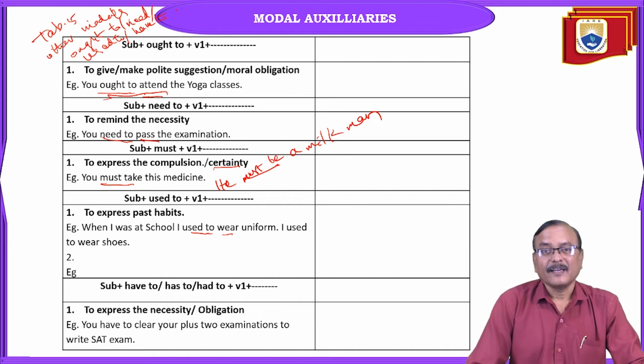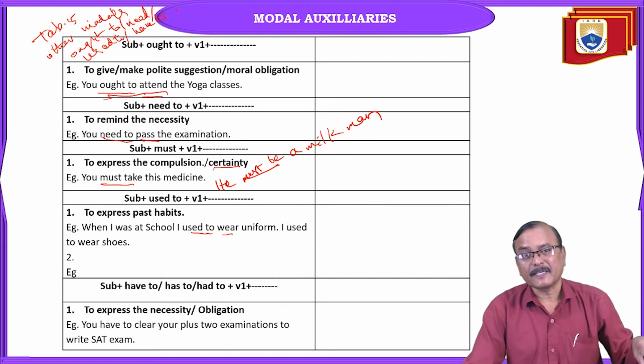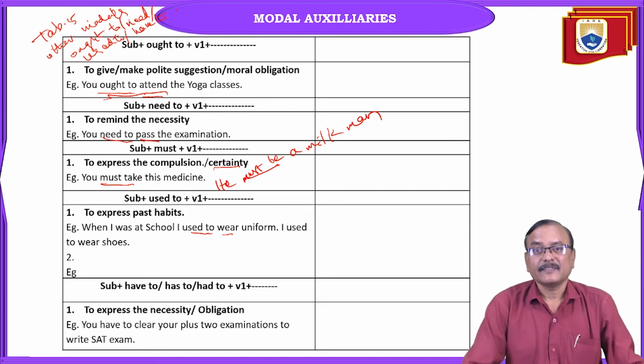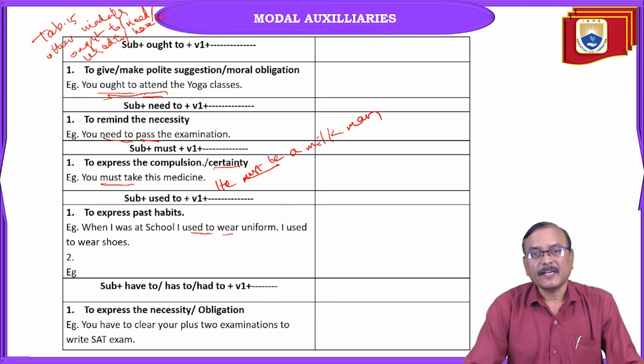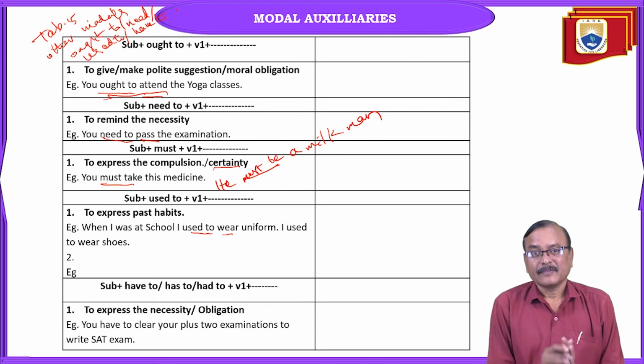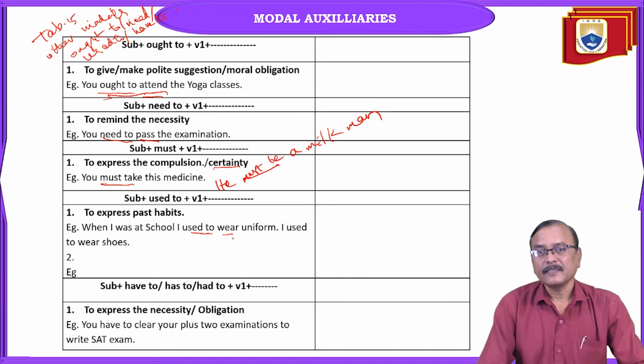I used to take exercise regularly. In the past, not present. Last year, I used to go to temple every Sunday. Not a present habit. To express past habits only, we use used to plus V1.